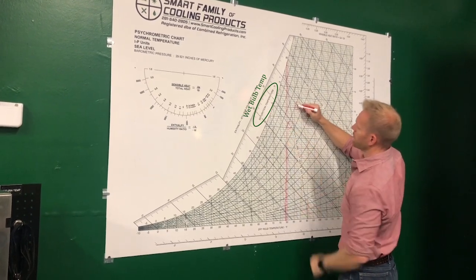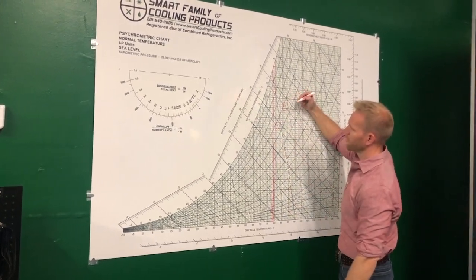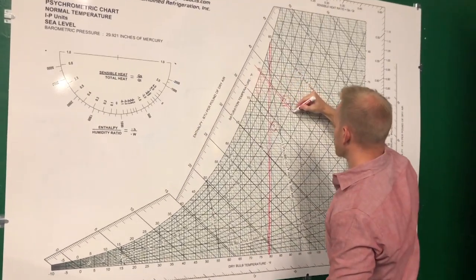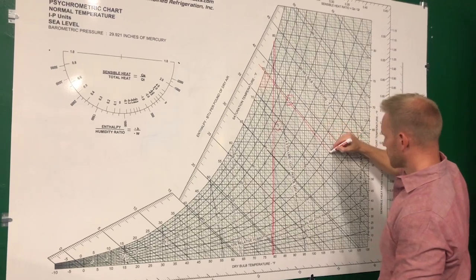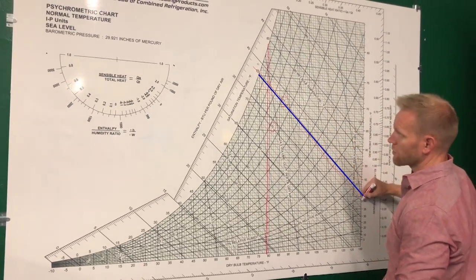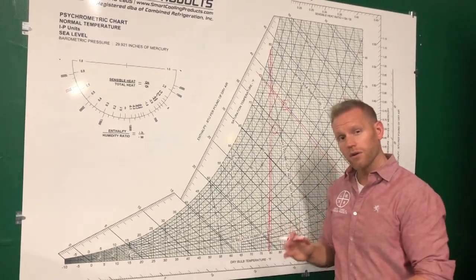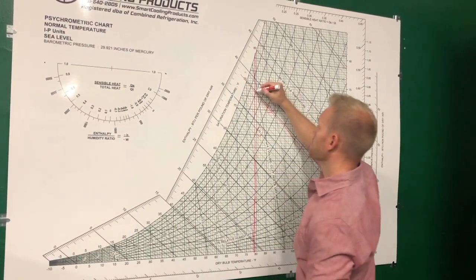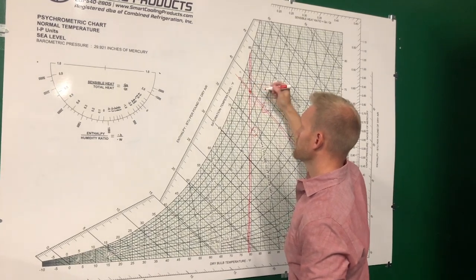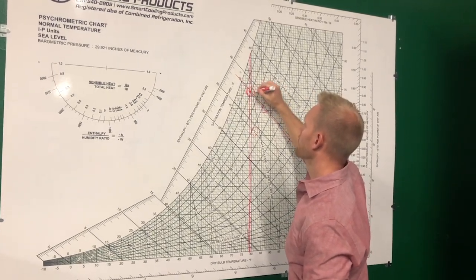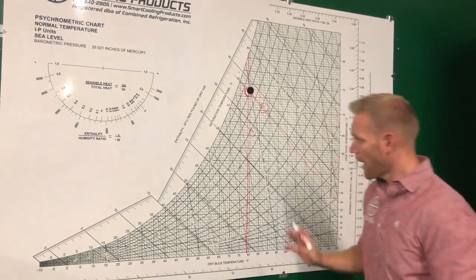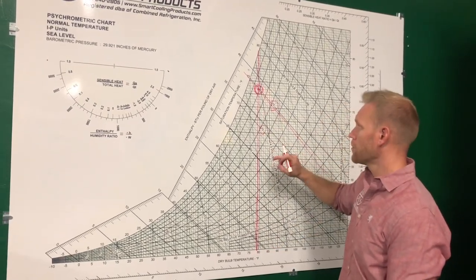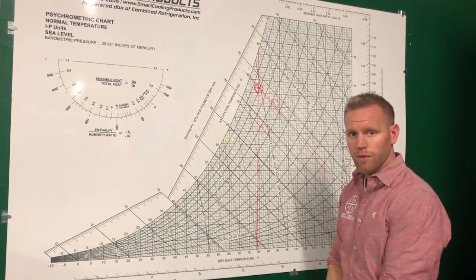So we want 74.8, I'm going to say about 80% of the way between 74 and 75. Draw a line all the way through the center. Where those two lines meet, our percent moisture and our dry bulb temperature, is going to be the actual conditions of the air we're in. So actual conditions of the air right here is 79 degree dry bulb temperature and 74.8 degree wet bulb temperature.